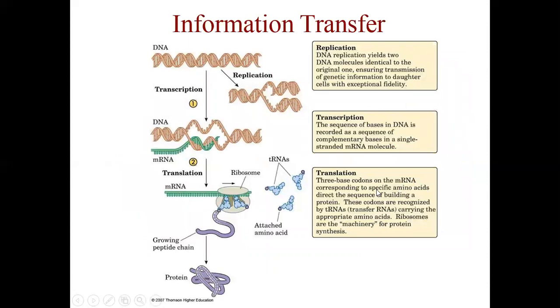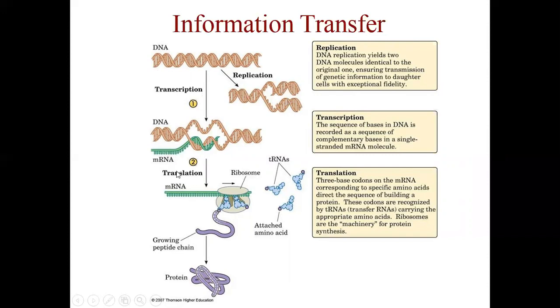So translation is basically information transfer, and this is the process by which the stored genetic material from DNA is transferred into the form of protein. This is the total summary of the class, where I have shown you that DNA has the ability to be replicated, and it has the ability to be transcribed into mRNA.